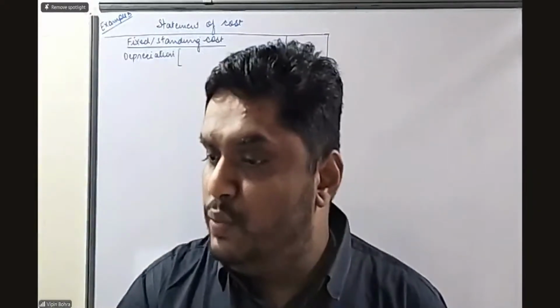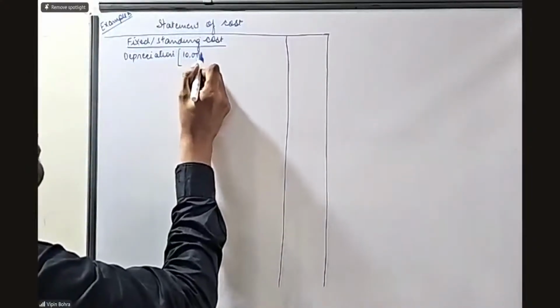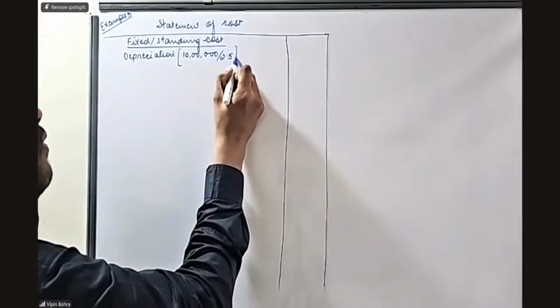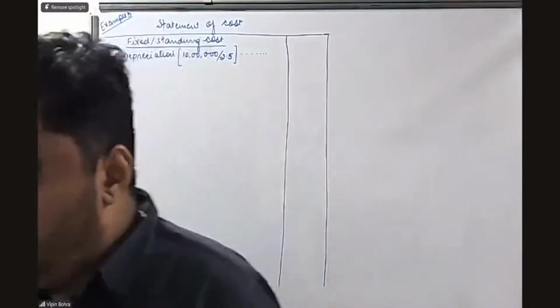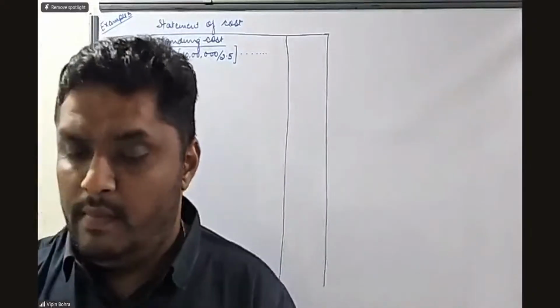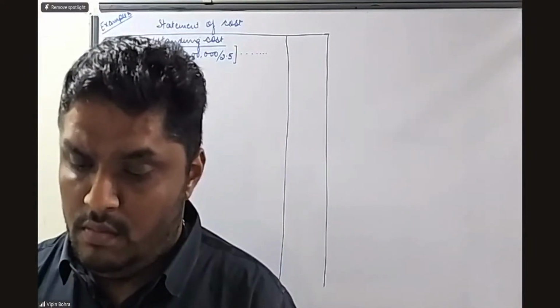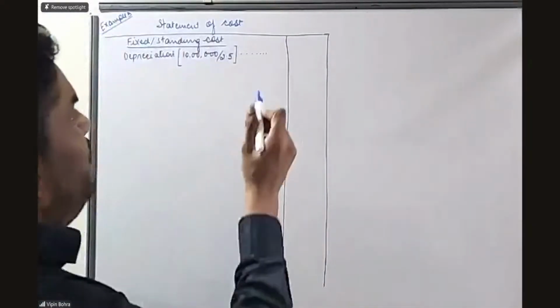The bus costs rupees 10 lakh, and the useful life is 2.5 years. So the depreciation will be 4 lakh rupees.